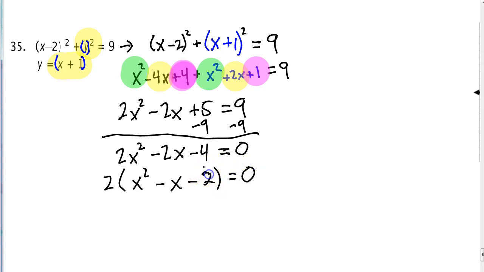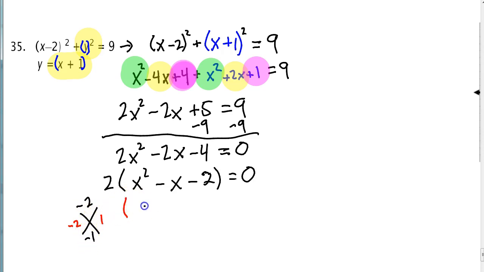And this is a relatively easy factoring problem where we need to find what multiplies to -2 and adds to -1. So we can easily get a 2 and a 1 with the 2 being negative. So -2 times 1 gives us -2, and -2 plus 1 gives us -1.